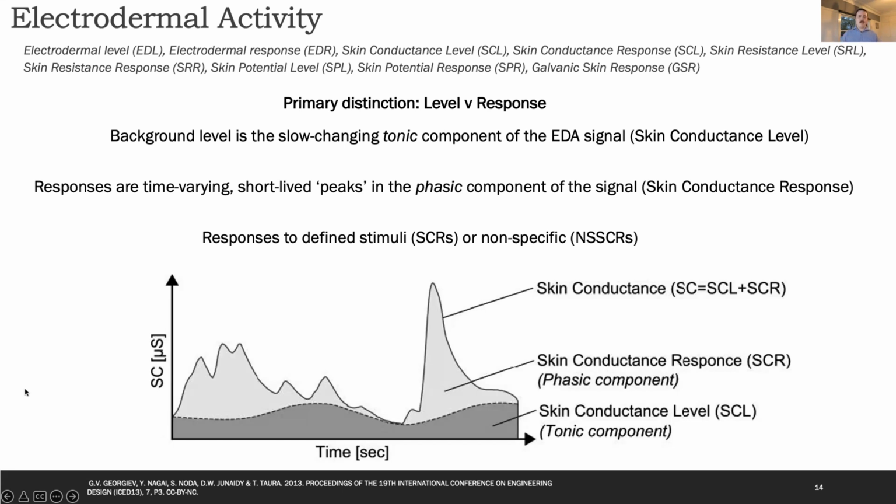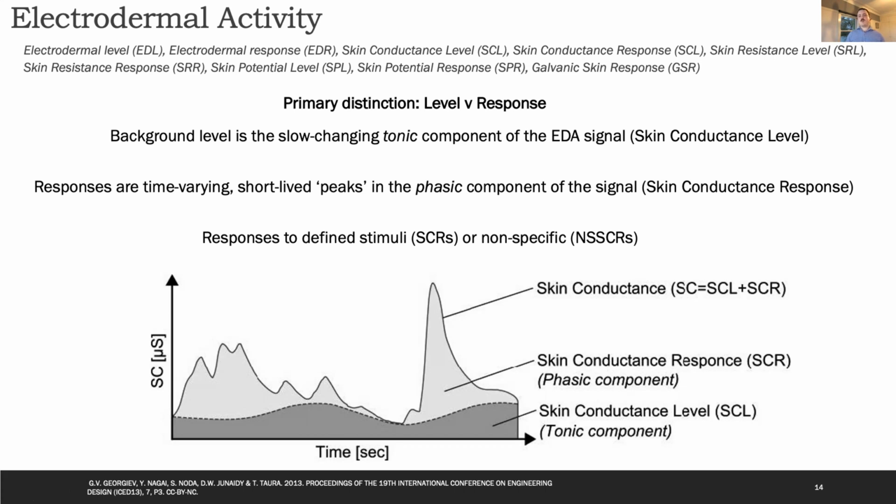If we look at the main signal here in the graph down the bottom, the combination of these is what we record. So if we look at this top line here, this would be the raw data that we record. It's just a signal of the current level of conductivity.